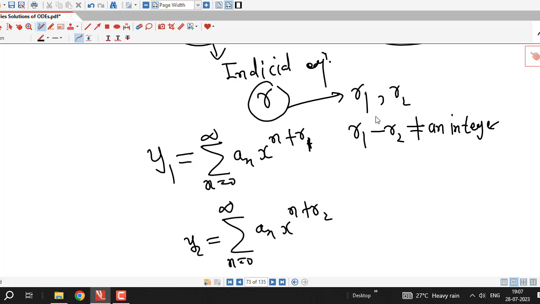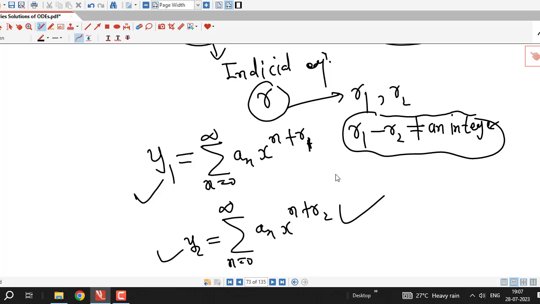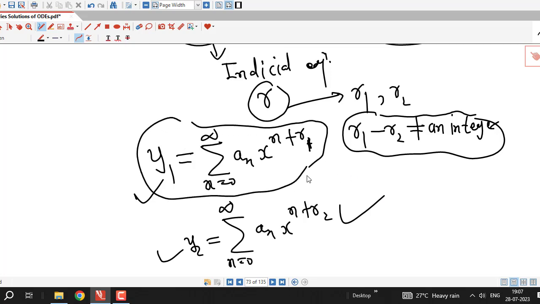If the roots of the indicial equation do not differ by an integer, then our Frobenius series solution will be in this form. If the roots are equal or the difference of roots is an integer, then we have different criteria to write down this second solution, but the first solution will always be in this form.